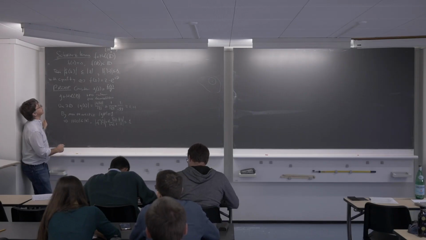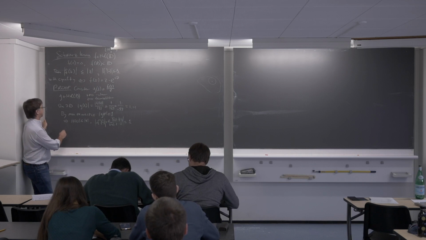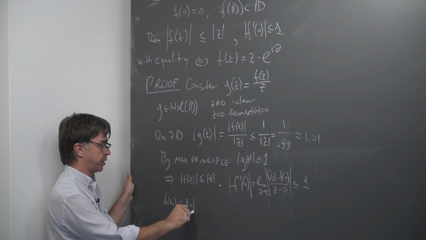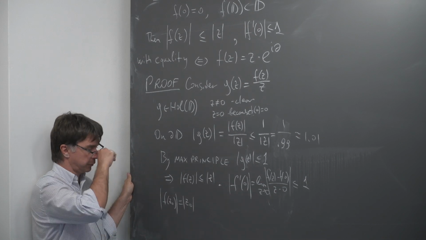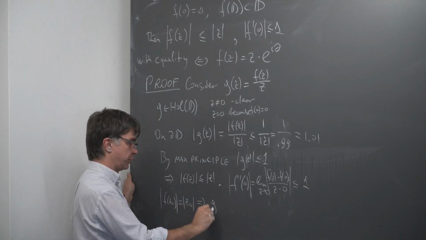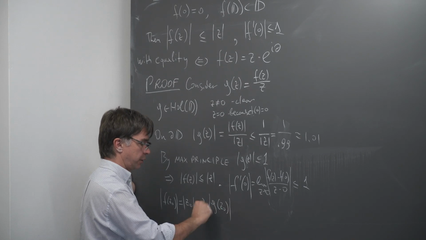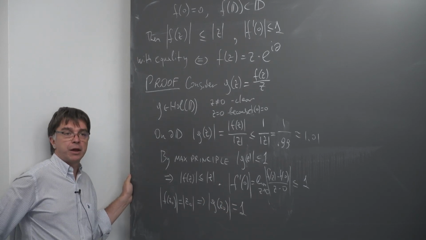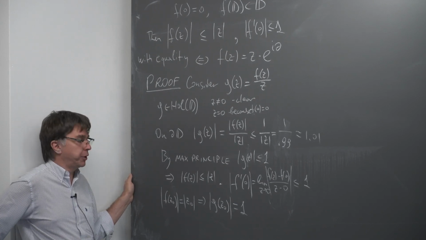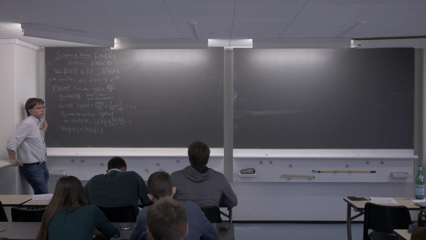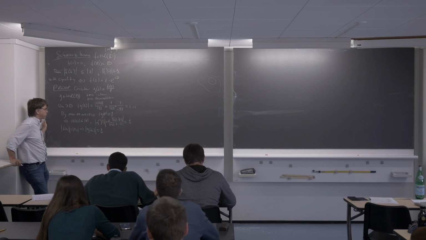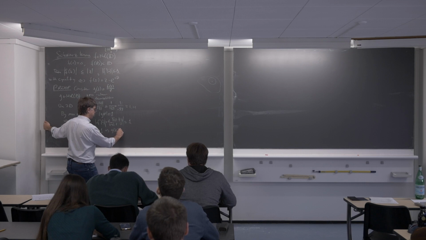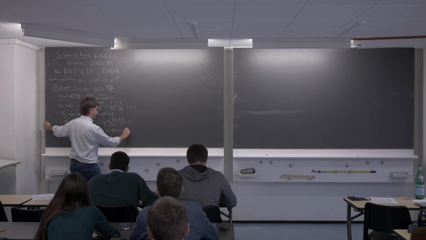And why, if there is identity, so suppose that |f(z0)| is equal to |z0|, then it means that |g(z0)| is equal to 1. And then by the maximum principle, it will mean that it's 1 everywhere. So let's say g(z0) is equal to e^{i theta}.